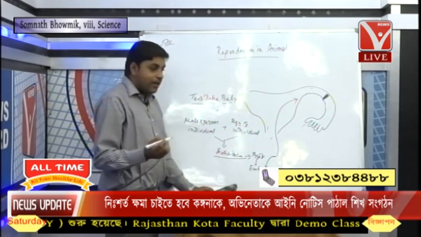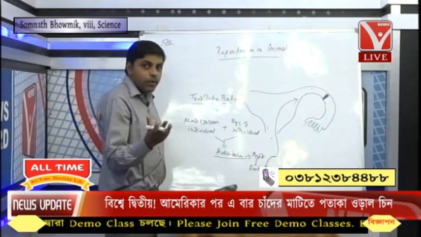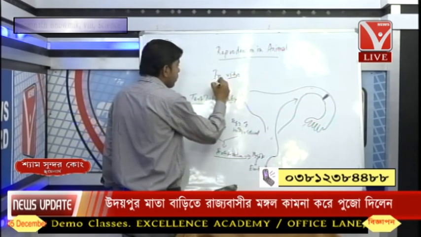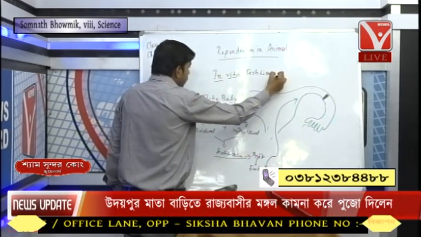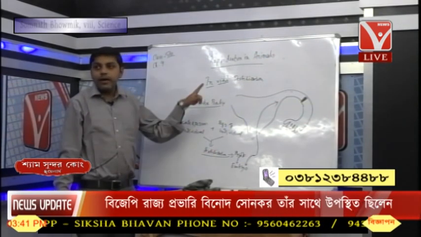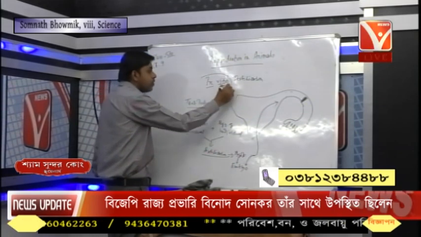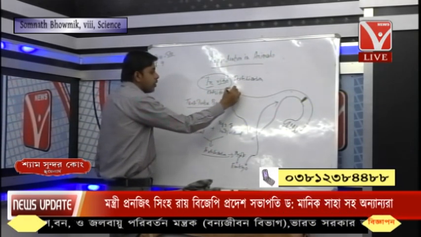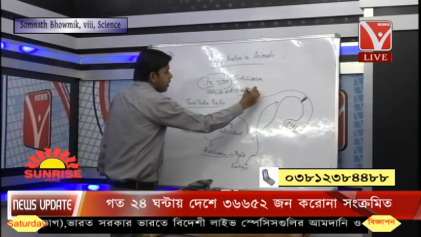As in these cases the fertilization takes place outside the body, it is called in vitro fertilization. Whenever the term in vitro comes, always remember in vitro means outside, in an artificial medium.